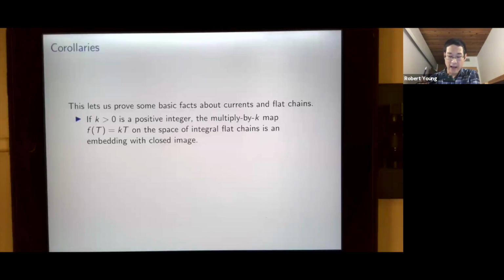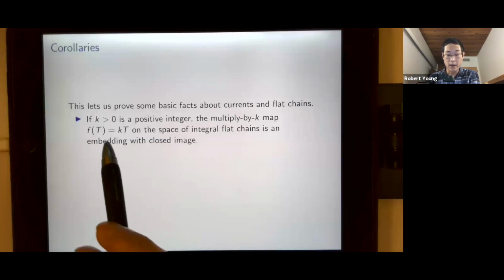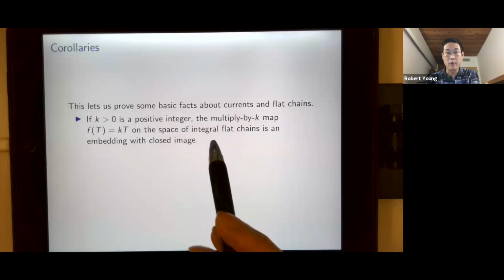The integer flat chains are the closure of the set of polyhedral chains with respect to the flat norm. And the flat norm is not quite a norm in this situation because it's related to filling volume. And we've just seen that filling volume is not quite linear.